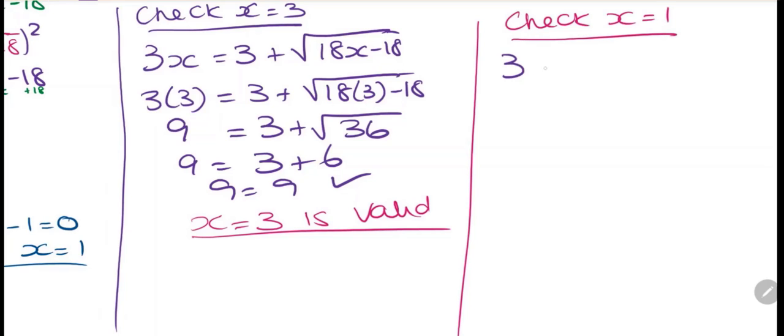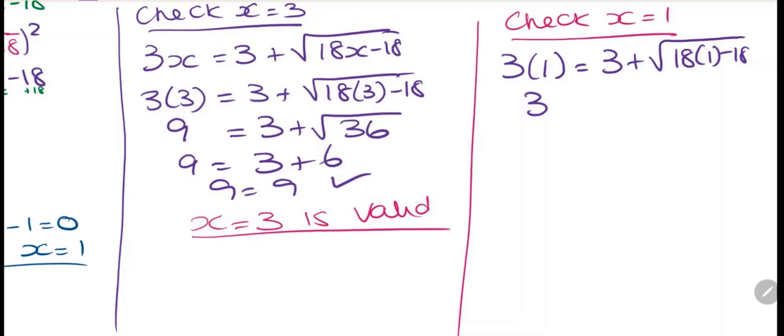So 3 times 1 is 3 plus 18 multiplied by 1 minus 18. So 3 times 1 is 3, and then we have the root of 18 minus 18 is 0. So square root of 0 is 0, so 3 equals 3 is correct.